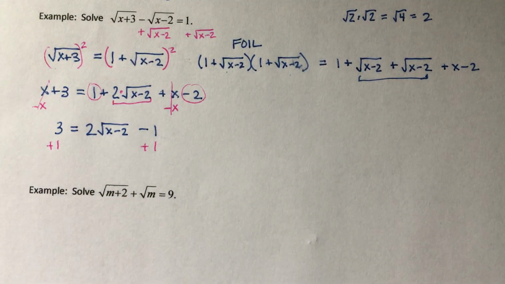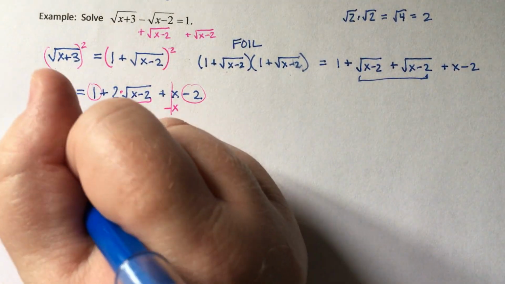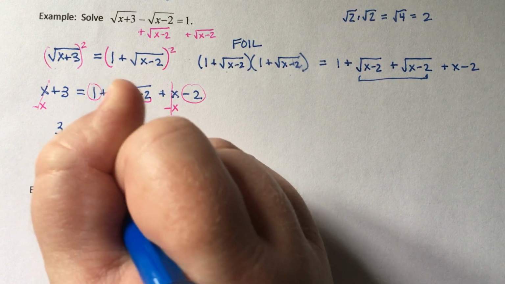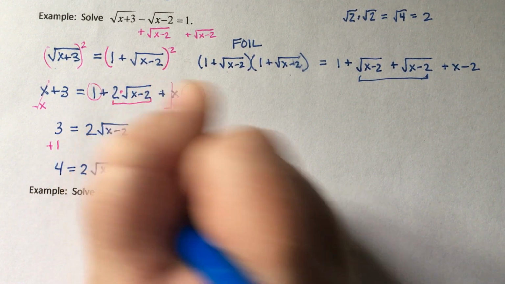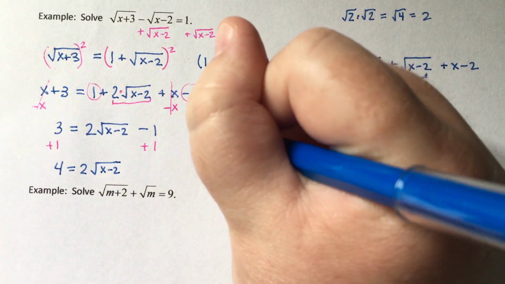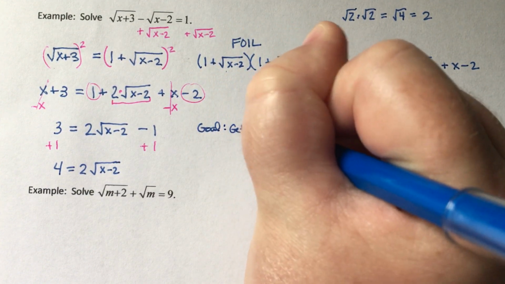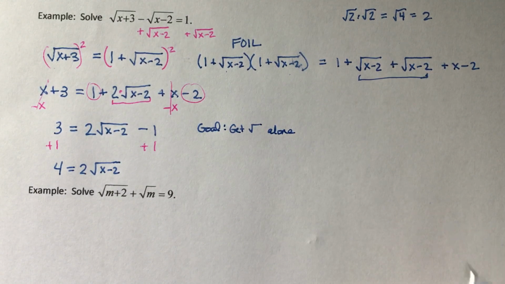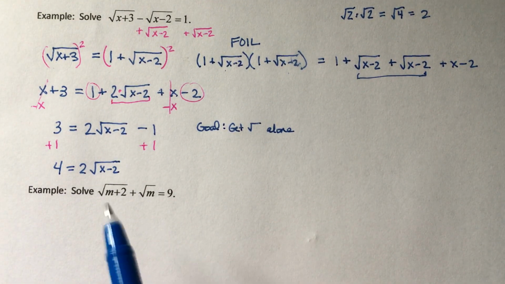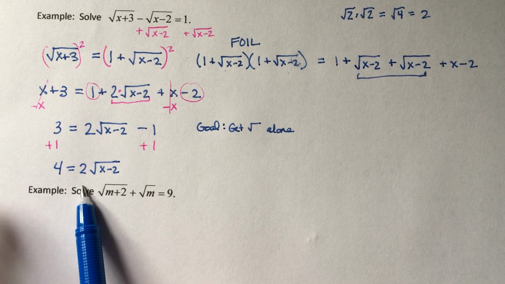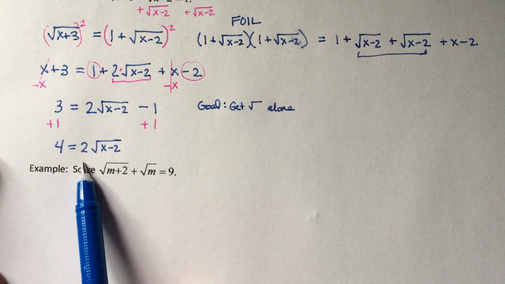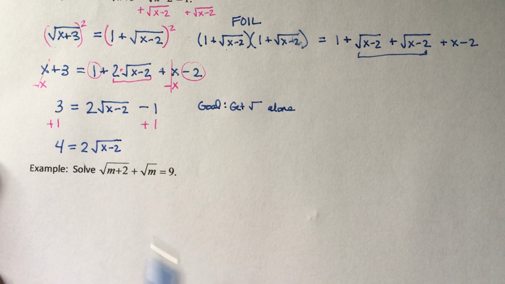At least we're making progress. So now I get 4 equals 2 times the square root of x minus 2. This might be a good time to remind us of our goal: get the square root alone. And I'm almost there. What I have to do next is divide both sides by 2.